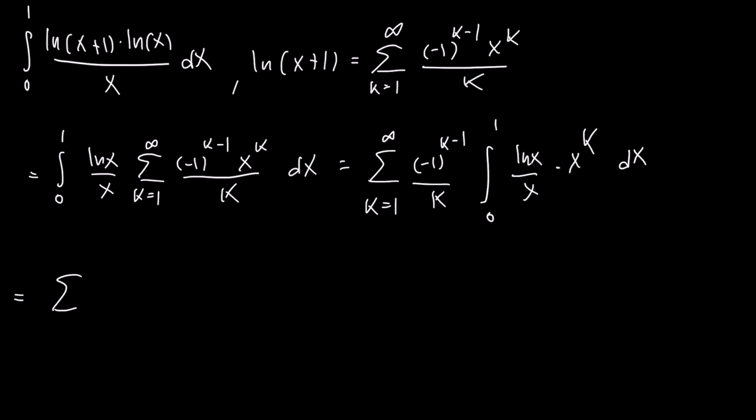This is equal to the sum from 1 to infinity, negative 1 to the k minus 1 over k, then the integral from 0 to 1 of x to the k minus 1 ln x dx.